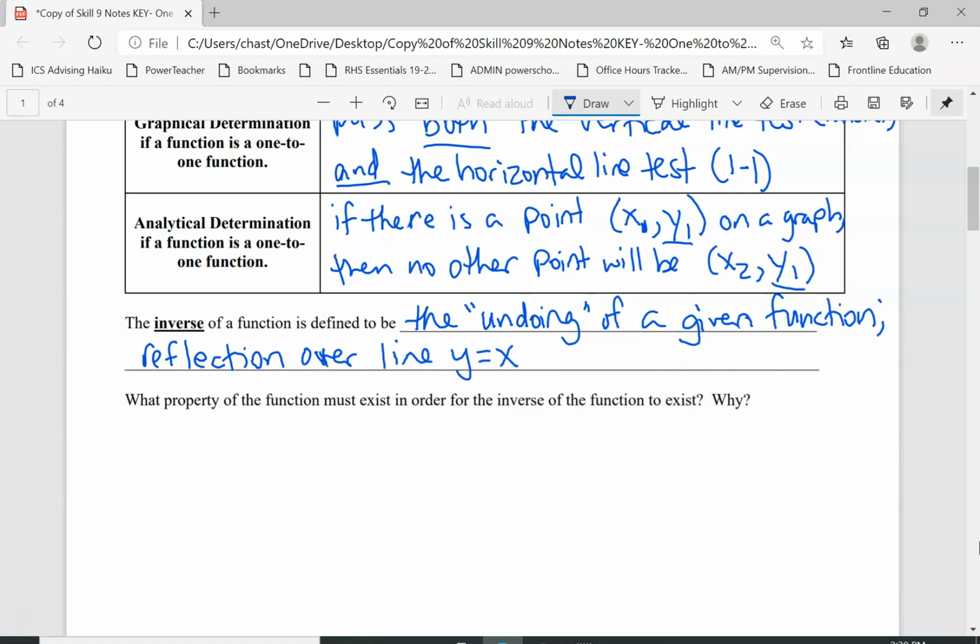Now, what property of the function must exist in order for the inverse of the function to exist?